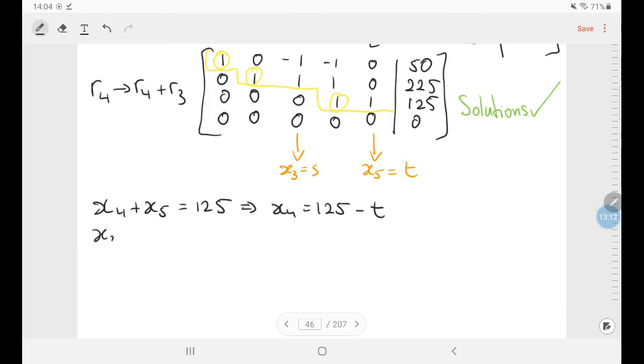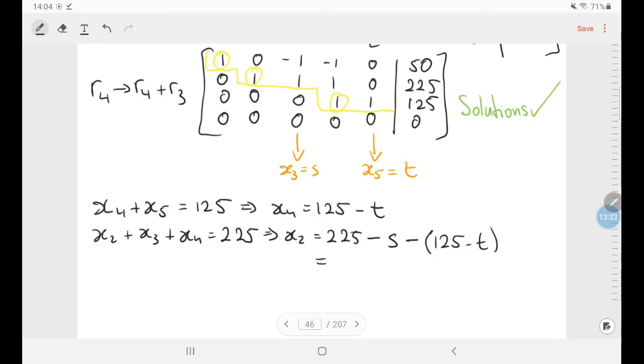So it says x2 plus x3 plus x4 is equal to 225. So x2 is equal to 225, take away x3, which is s, and take away x4, careful with signs, is 125 minus t. So we find that x2 is 225 minus 125, that's 100, and we have a minus s and a minus minus t, which is a plus t.